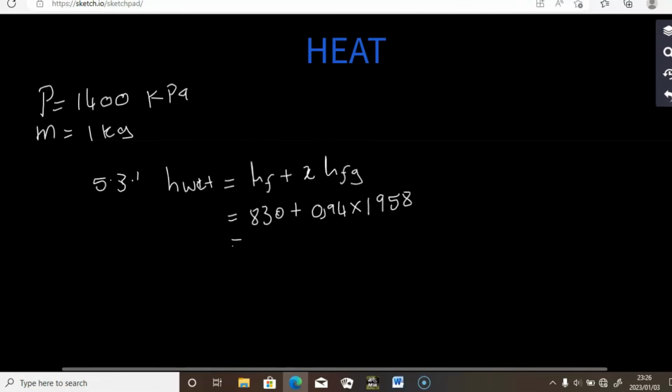And then from here, we can calculate the value of h wet, which I calculated and got equal to 2670.52 kilojoules per kg.